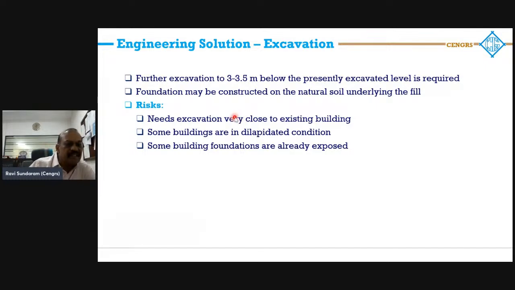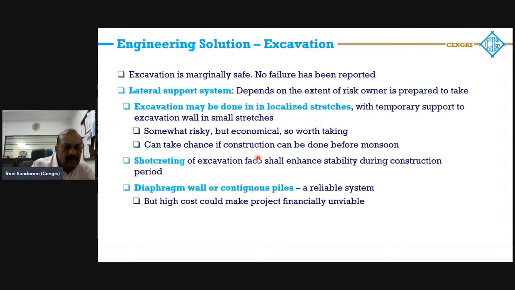What were the risks here? The excavation in the portion where it is close to the building needs proper monitoring. Some buildings are in bad shape, and some foundations are already exposed. So you need to be careful. So excavation is marginally safe. No failure has been reported. So here the lateral support system depends on how much risk the owner is prepared to take.